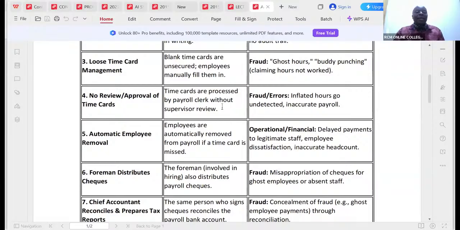The foreman again here is the one who is distributing the checks. Buddy is a friend. So for example, if Mugendi is my friend, this happens quite a lot.